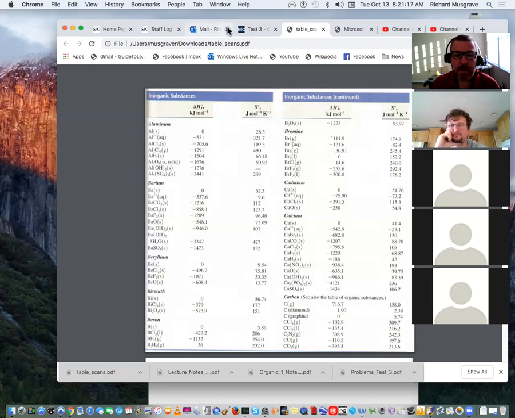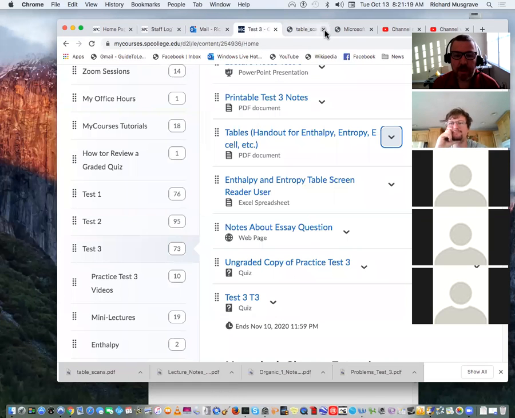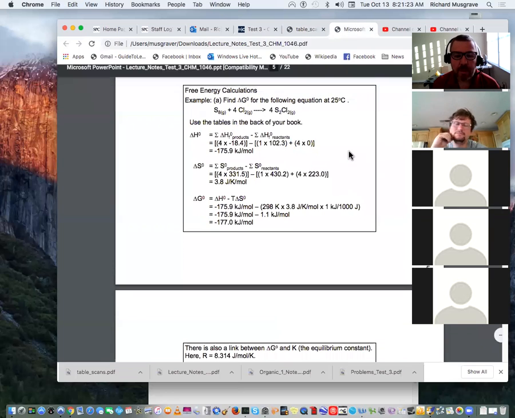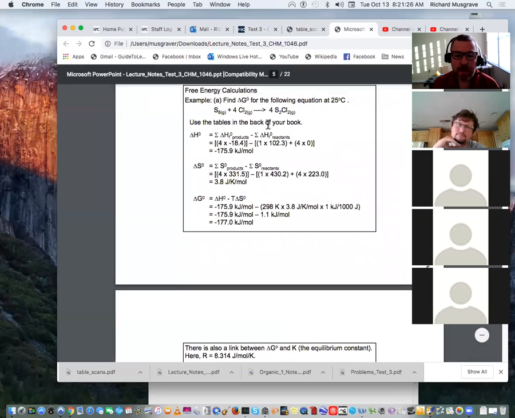So you'll see that when we're doing the calculation, they're kind of similar calculations. If I wanted to do this one here, it's 4 times the product minus 1 times S8 minus 4 times Cl2 gas. Cl2 gas is 0. That's why I've just got 0 here. And we end up getting, for this one, negative 175.9 kilojoules per mole.